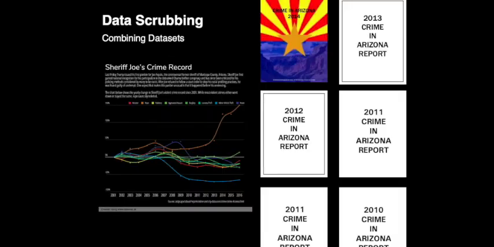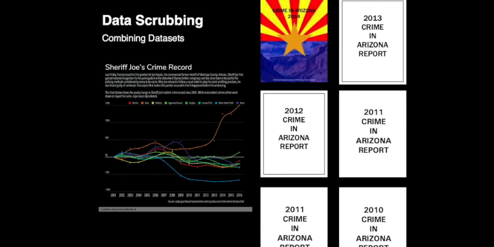So here are some examples of projects that I worked on that required different aspects of scrubbing and reformatting the data. So this is a project I did on Joe Arpaio, who was a controversial former sheriff of Maricopa County in Arizona, whose policing policies and practices many people thought to be racist. So I was curious to see what his record as a sheriff was.